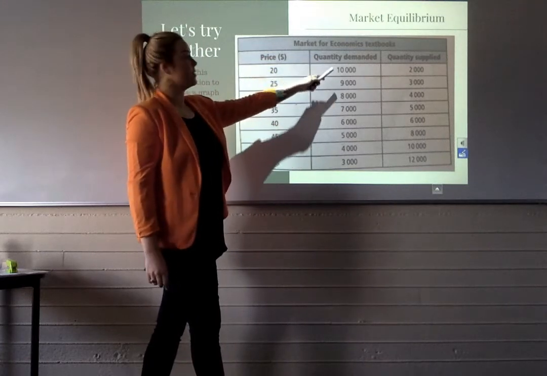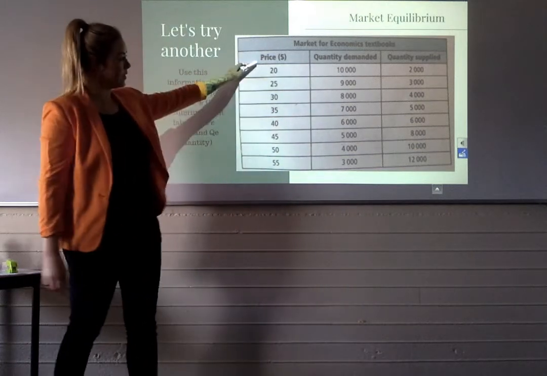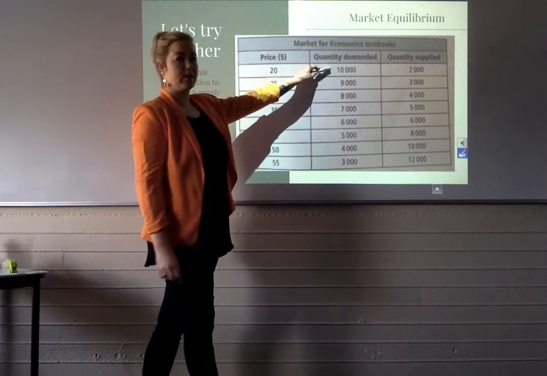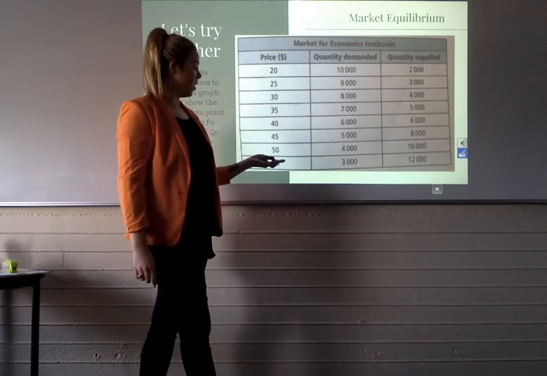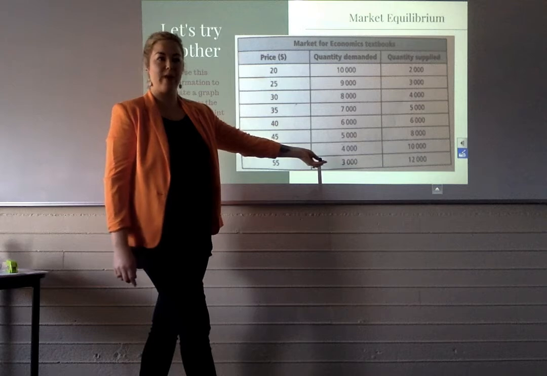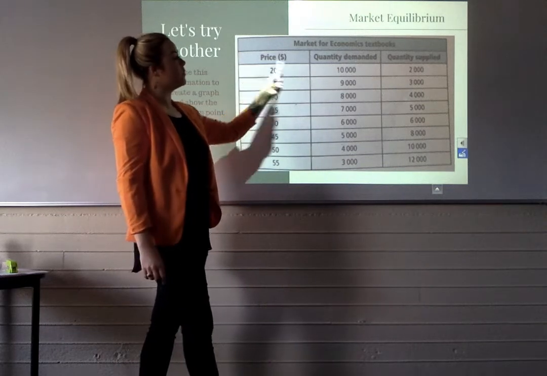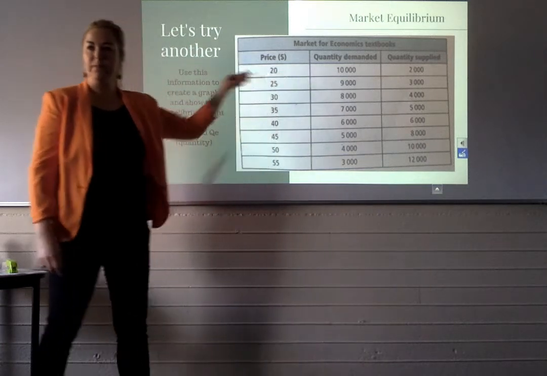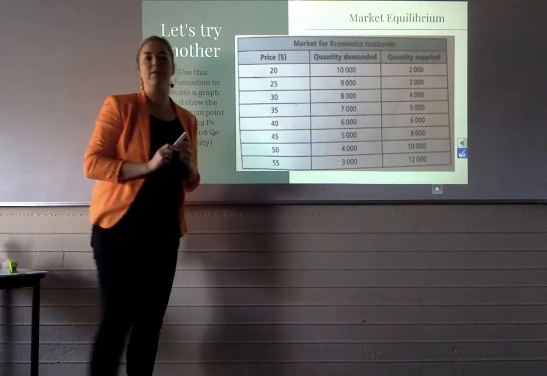This shows us the law of demand, because as the price increases, the quantity demanded decreases, because at a higher price, as a consumer, you don't want to pay that price, do you? No. You, as a consumer, want to pay the lowest price, which is why the demand is higher at a lower price. Quantity demanded always will reflect the law of demand.